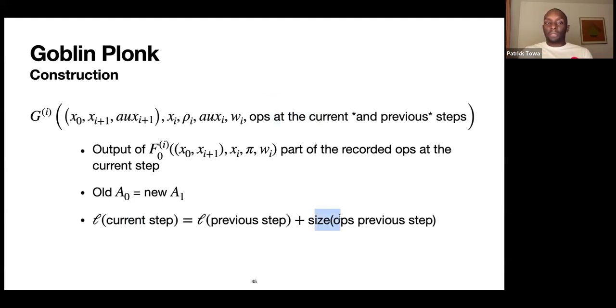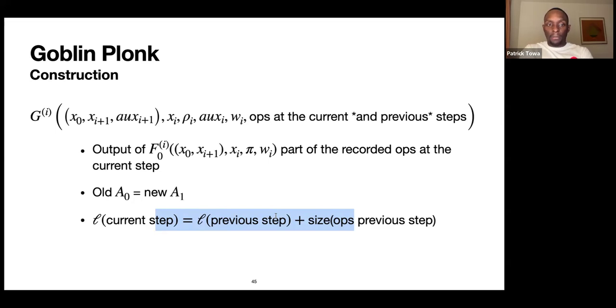So G is only going to depend on the size of operations at only 2 consecutive steps. And by checking this, with the accumulator idea that Lev mentioned before, I can always guarantee that the length is correct. This is really how I guarantee that the concatenation proof that I'm going to also consume is useful and guarantees correct concatenation.